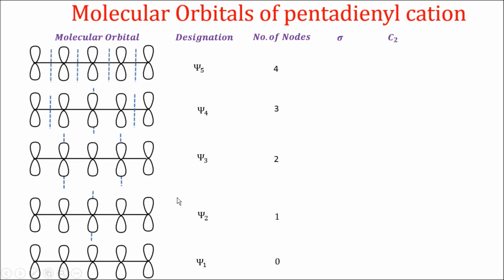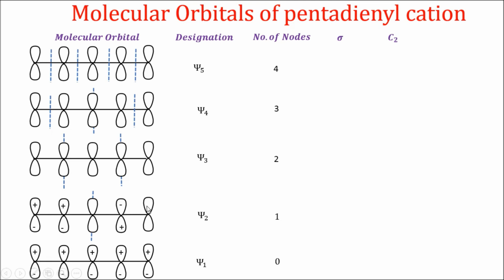Let's see the signs. For psi1, all lobes are positive on the top side and all lobes are negative on the bottom side. For psi2 we start with plus, no node, plus is there. In the next orbital the node is passing through the lobe, therefore we keep this lobe empty, and to follow the nodal plane rule, plus is followed by minus here.